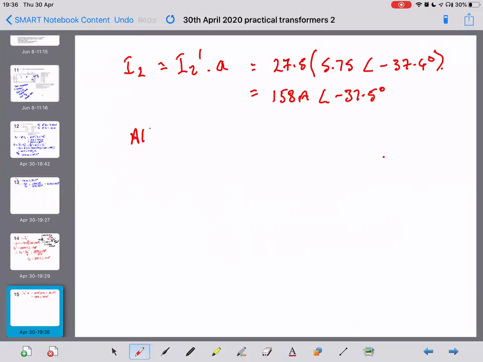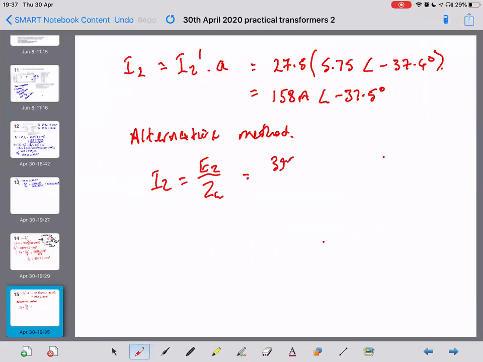Alternative method is that we use the secondary voltage we just calculated. So I2 is equal to E2 over ZL.